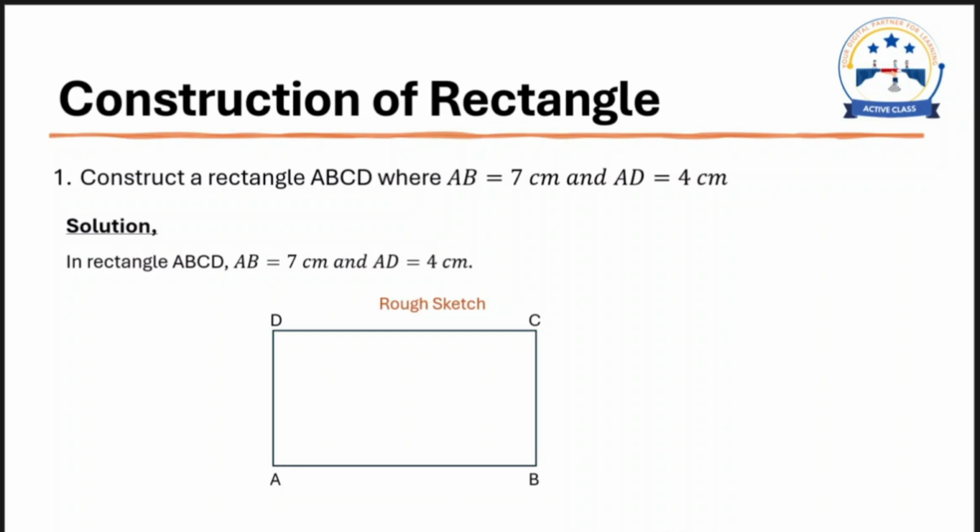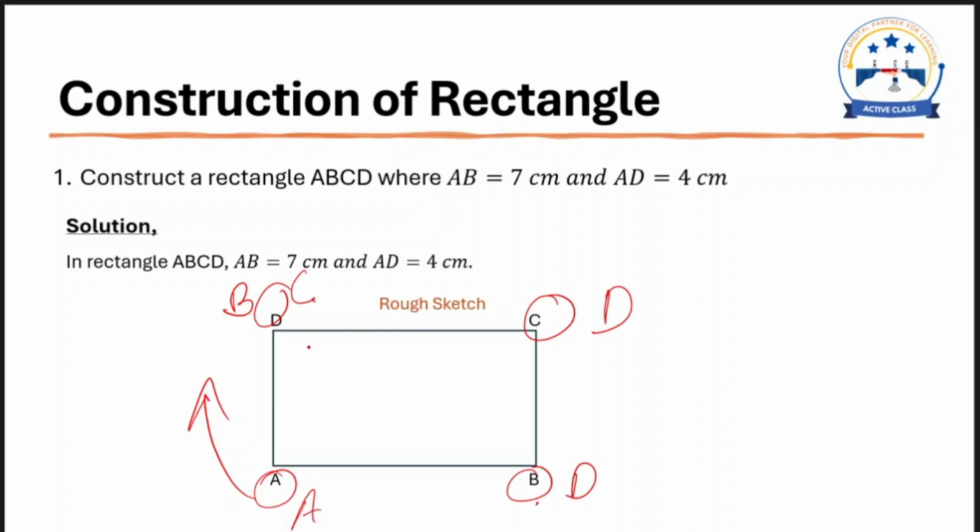But while labeling, make sure that you label it in order like A, B, C, D. Or you can label this way as well: A and this vertex B, this one C and this one D. But never make the error like A and then B here and then D here and C here. That creates confusion.